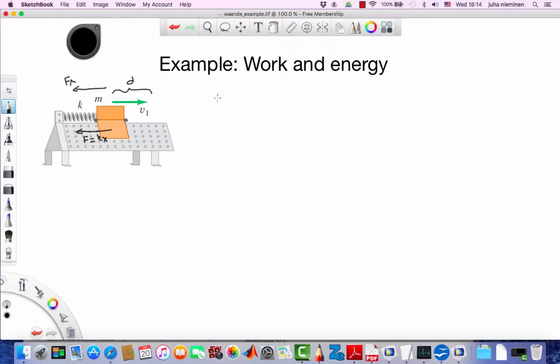So what is the net work? Or let's put it this way. Work done by the spring, and this is important, on the object, not the other way around.